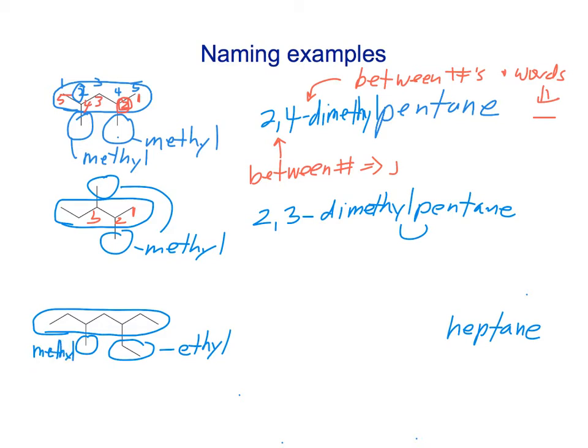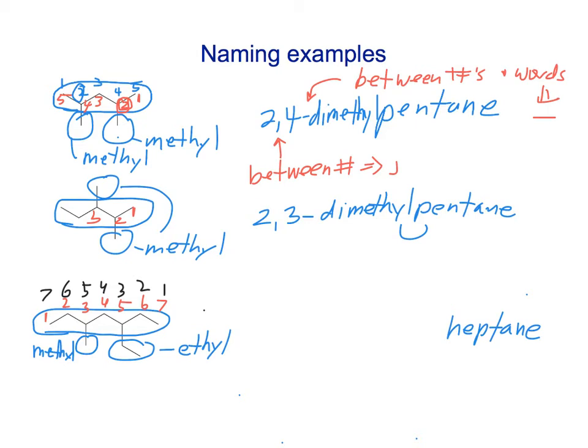All right, and we have to number our chain. So we can number it from left to right. If we do that, we would number 1, 2, 3, 4, 5, 6, 7. That would put our methyl group at 3 and the ethyl at 5. The other way to number it is from right to left. 1, 2, 3, 4, 5, 6, 7. And so what we want to do here, we have essentially a tie.